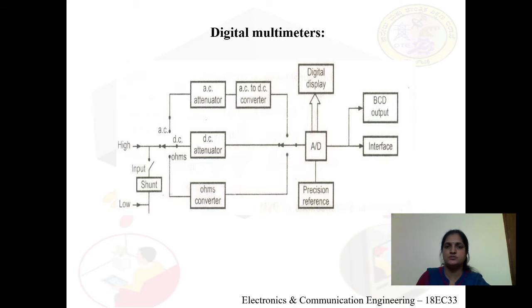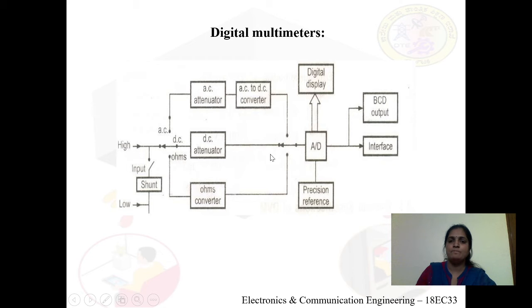The name itself specifies it's a meter to measure different quantities like AC voltage, AC current, DC current, DC voltage and unknown resistance, using these 4 different branches, and the current can be achieved by using this shunt branch.